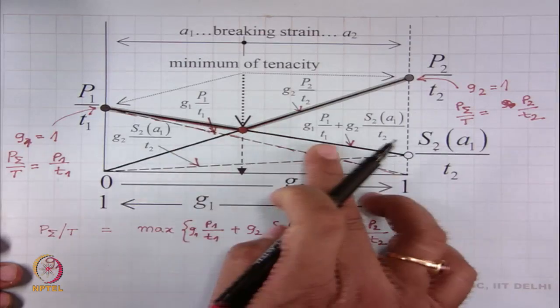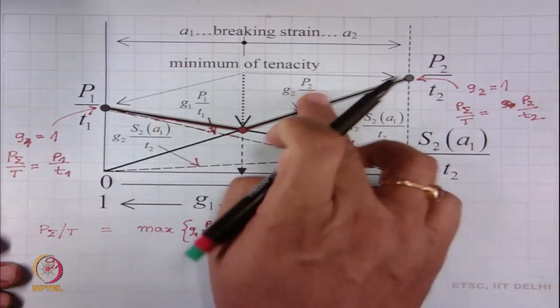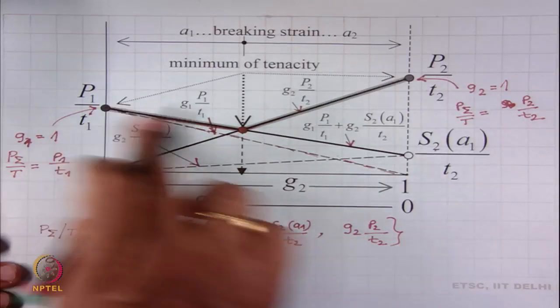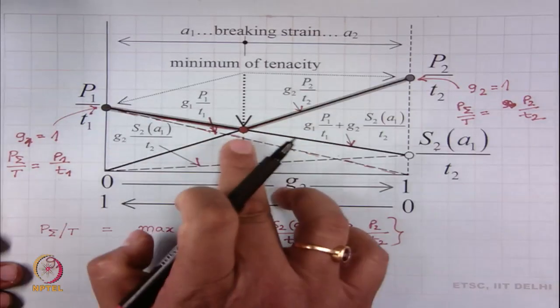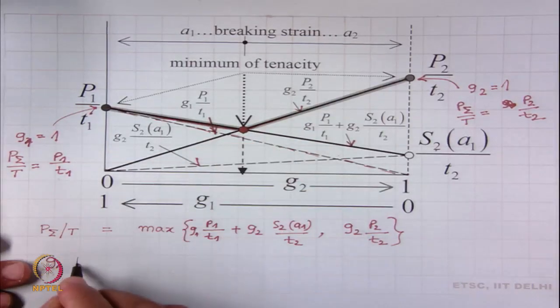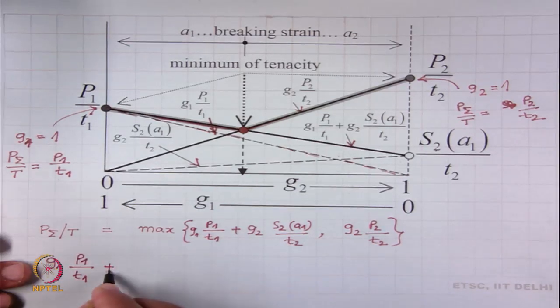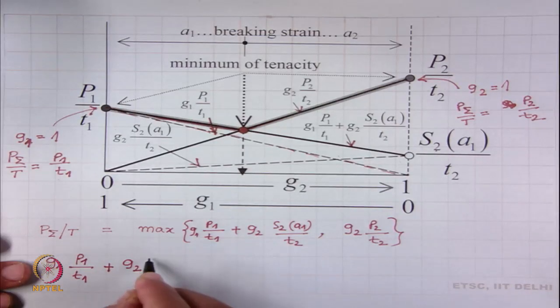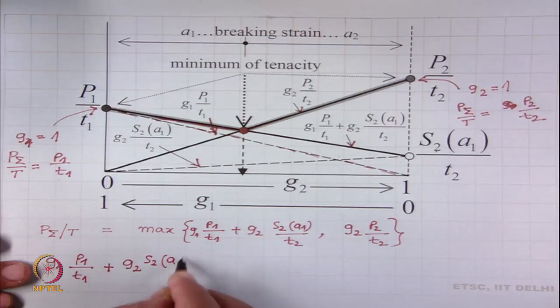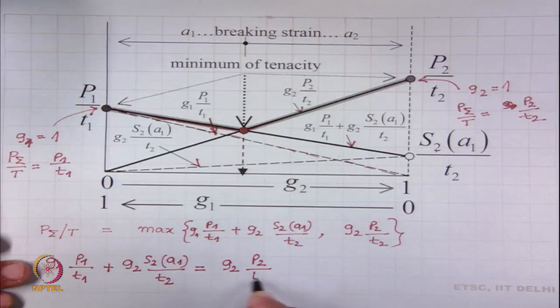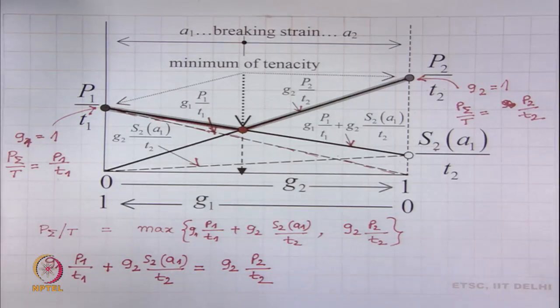This expression will be equal to this expression. So, at this point G1 P1 by T1 plus G2 S2 A1 by T2 is equal to G2 P2 by T2, right. Now, let us write G1 as 1 minus G2.